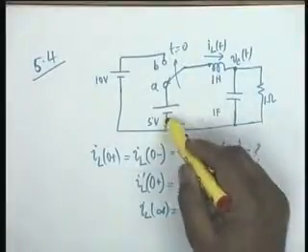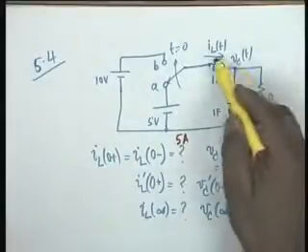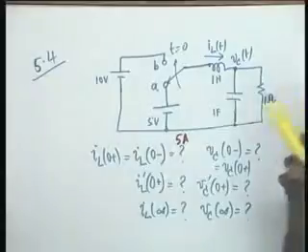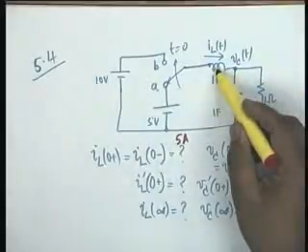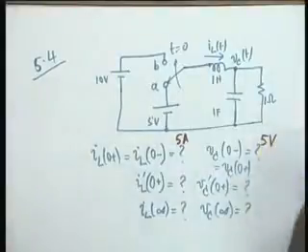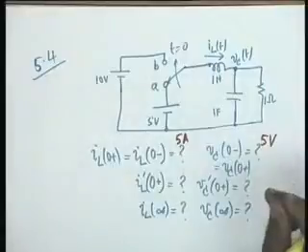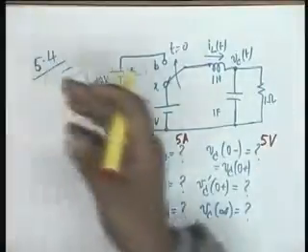This is short, this is open, 5 volt across 1 ohm, and therefore the current must be 5 ampere. And since this is a short, V sub C 0 minus would also be equal to 5 volt. Is this clear?